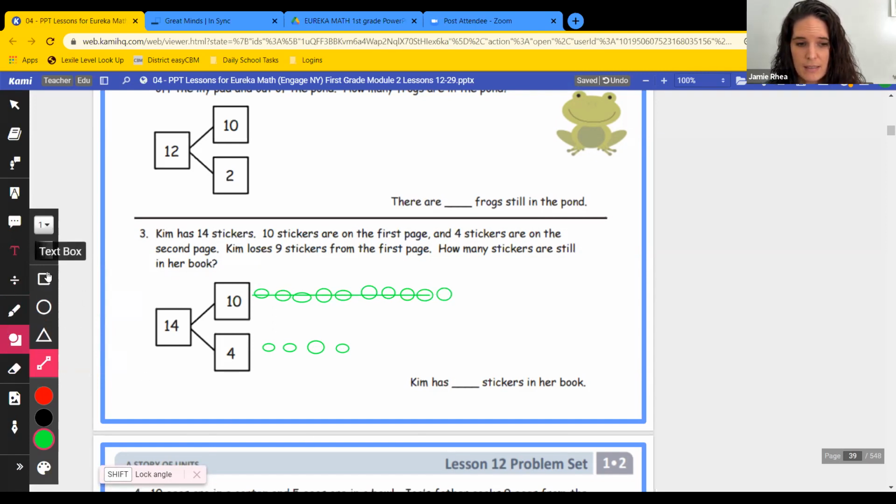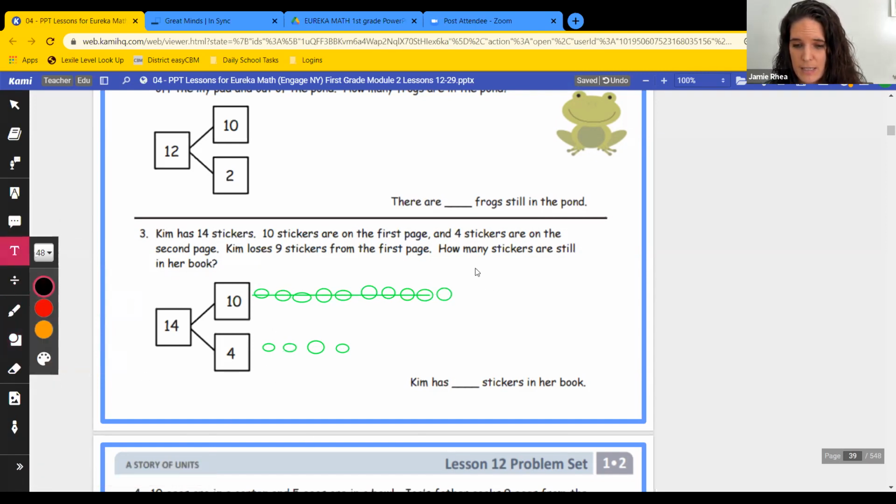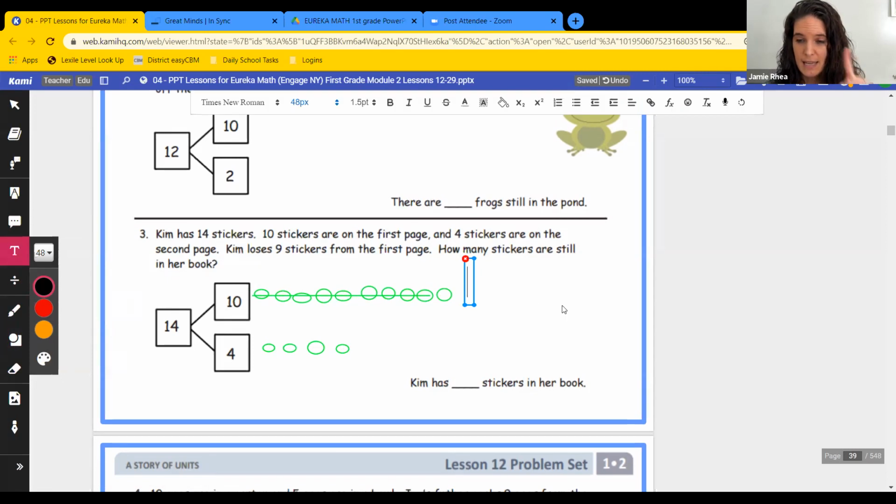So now I can say, I'm gonna make a text box here. I can say 10 minus the 9 equals the 1 left over. Okay? Then I can say my 1 left over plus my 4 on the second page equals 4, 5.